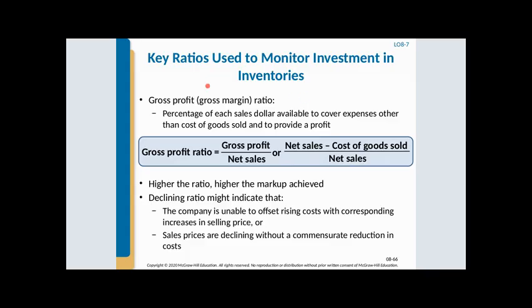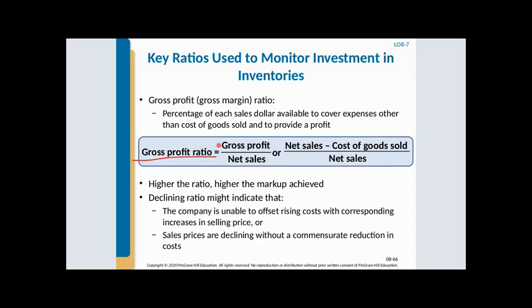We have different tools to assess how management is taking care of this inventory. So this is from a user's perspective. If you're looking to invest in a company, maybe you want to take a look at their gross profit ratio over the years to make sure that they are managing their inventory costs. So the higher the ratio, the higher the markup on cost, right?